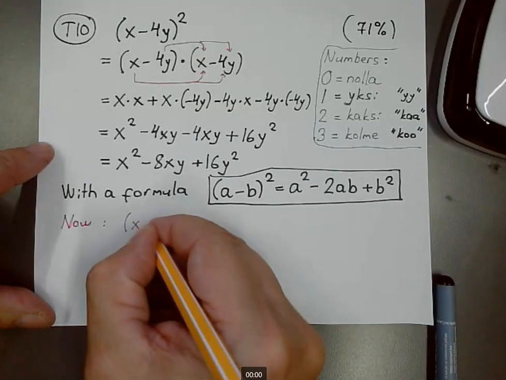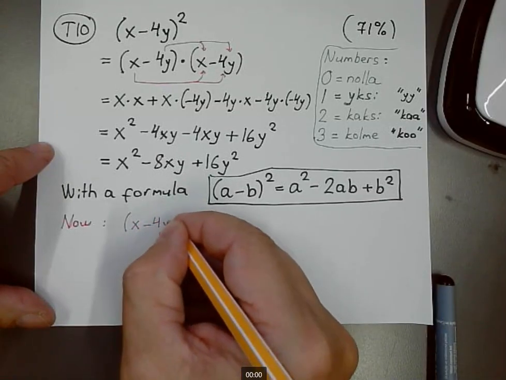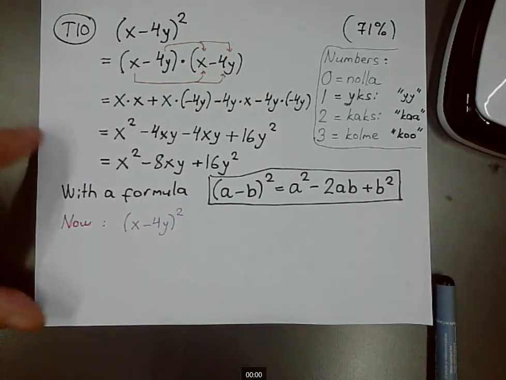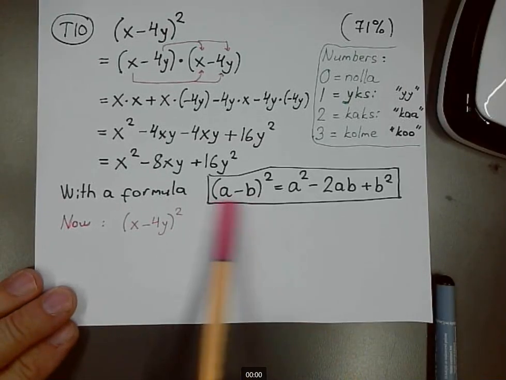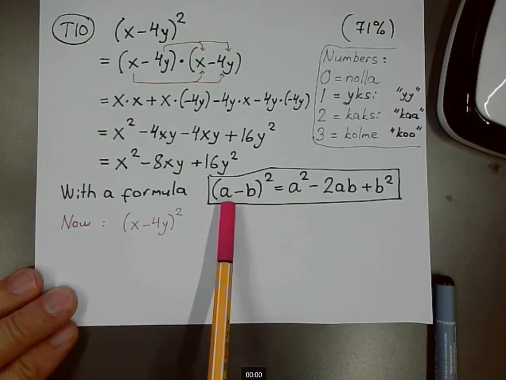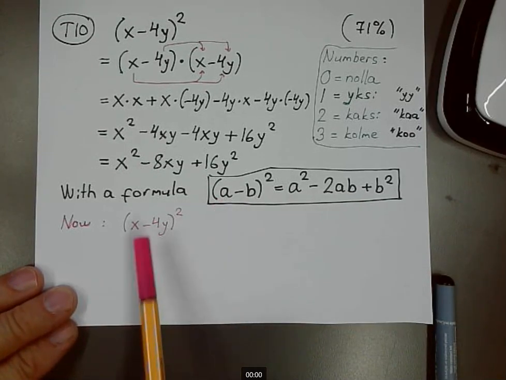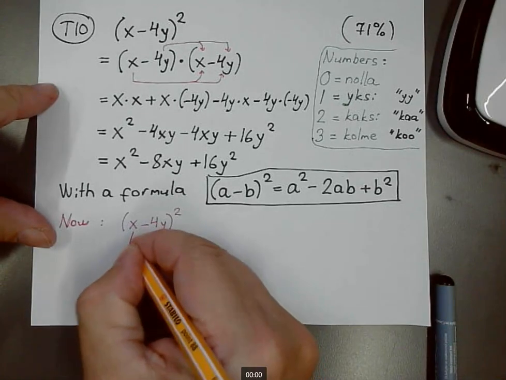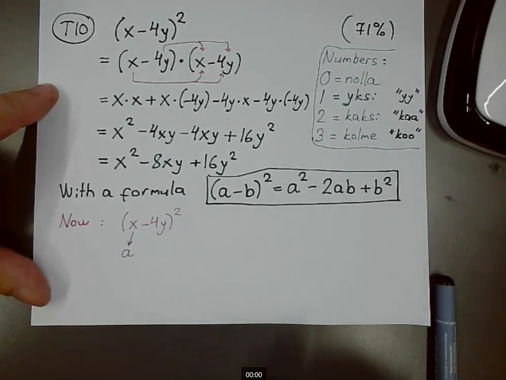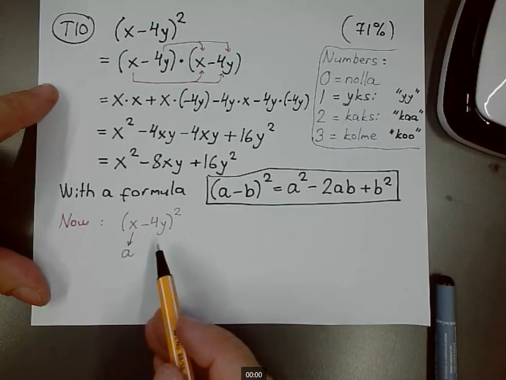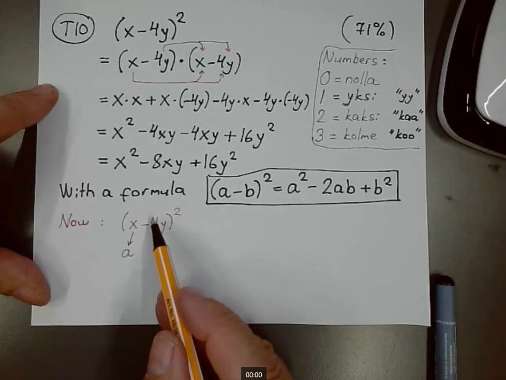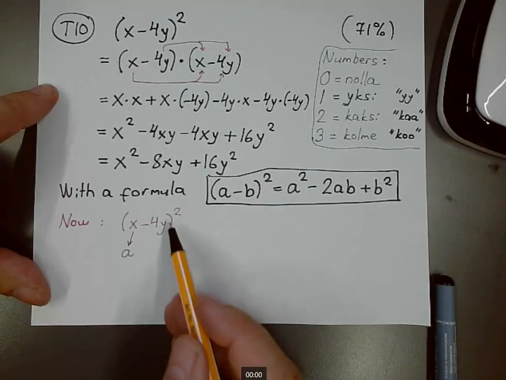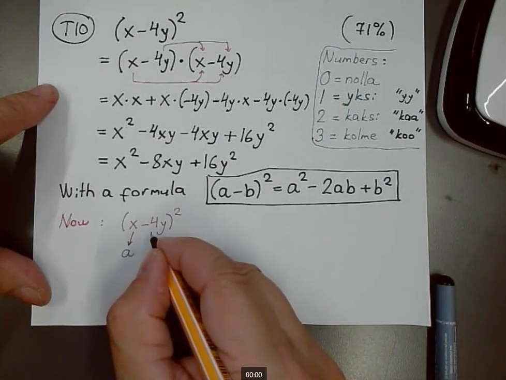Now we have x minus 4y to the power of 2, and if we compare that to this format here, we have a minus b, so now this x means the a, and then we have the minus sign there, and then we have b, so now 4y, this means b, this part.